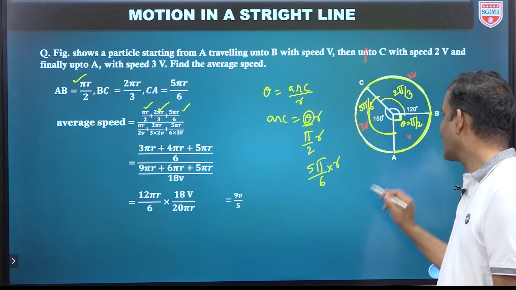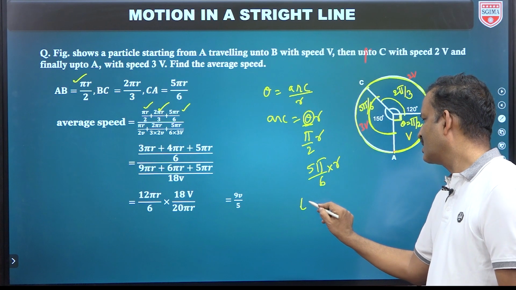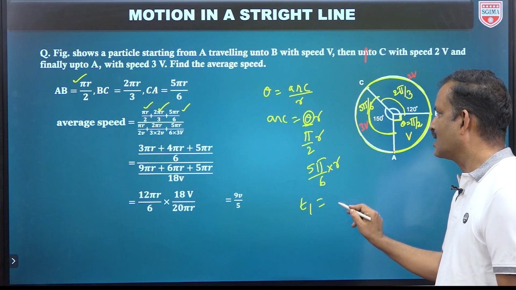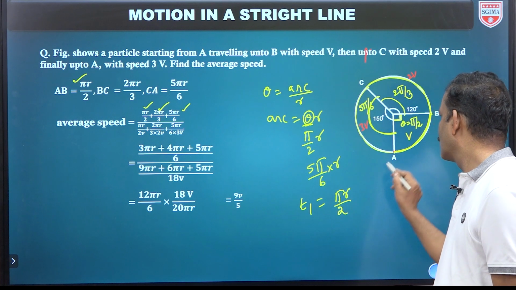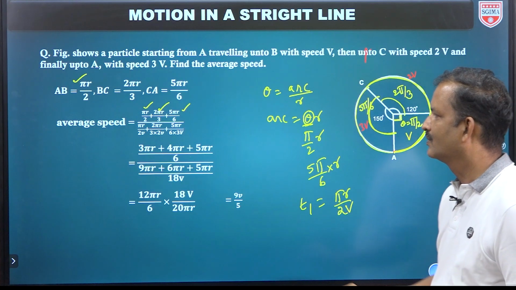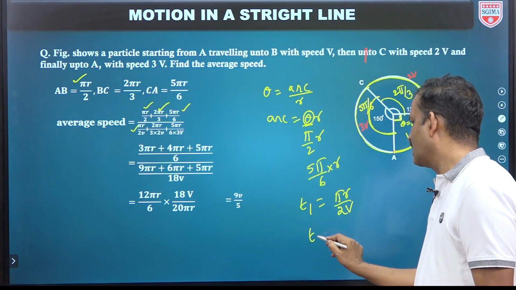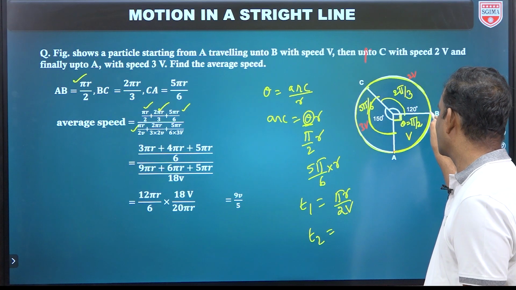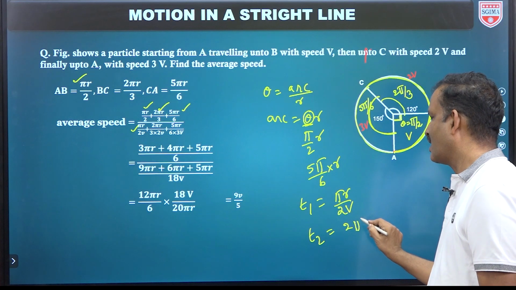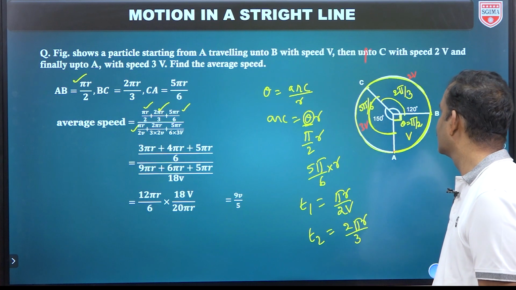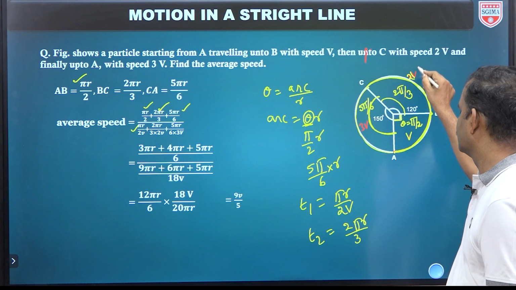To get the time, you know this velocity is v, so this time t1 is the arc length pi r by 2 divided by v. t2 is the arc length 2 pi r by 3 divided by 2v.